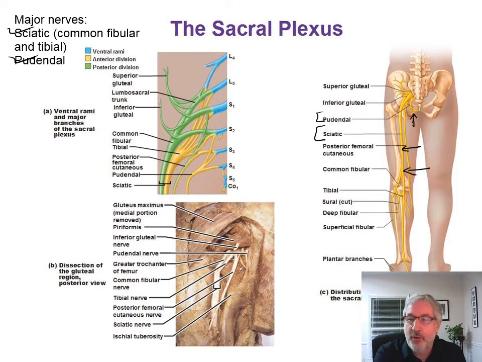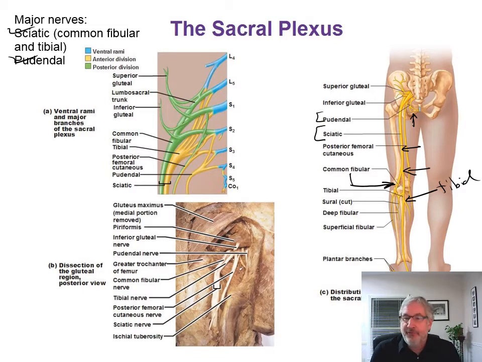One branch goes posterior, and that will be the tibial. The other branch here is the common fibular, and it goes anterior.